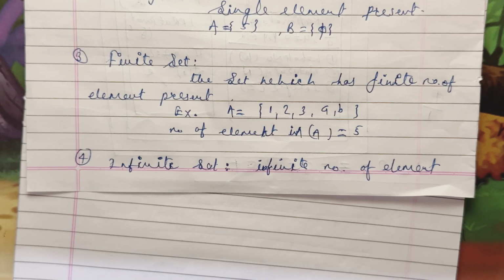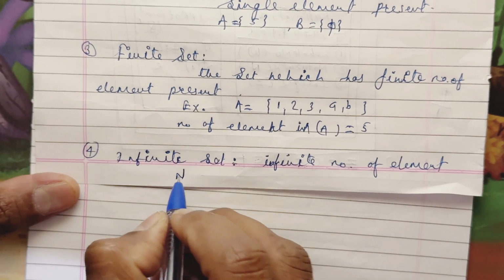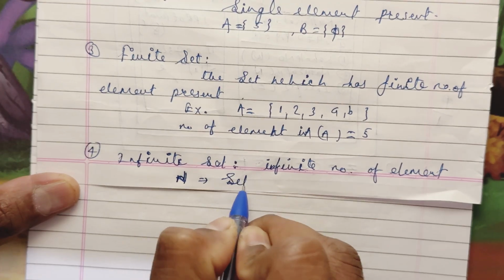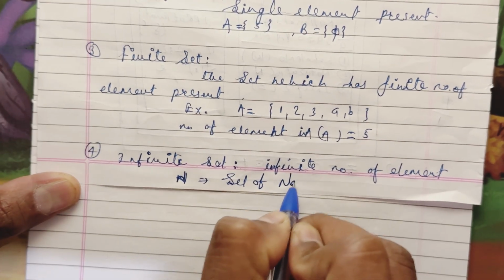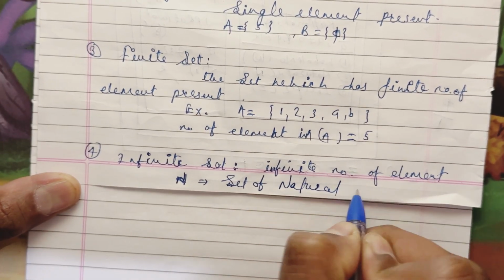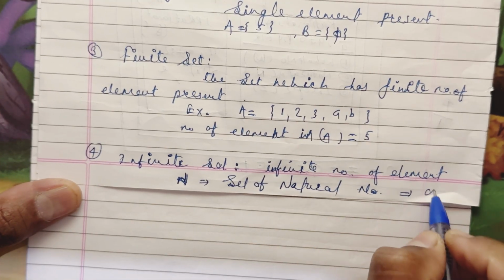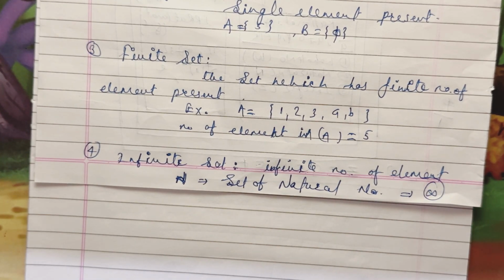If I consider set N, capital N, as the set of natural numbers, the number of elements in it is infinity. We know the numbers start from 1, 2, 3, but we don't know where it ends. It has infinitely many elements, so we call it an infinite set.